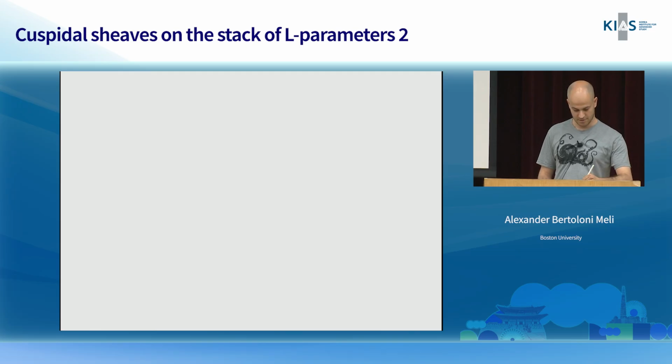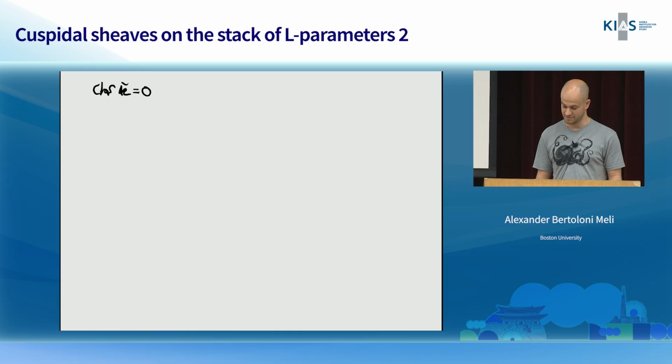So K bar, characteristic of K bar is 0. We're taking some algebraically closed field of characteristic 0, and we're working with G over K bar reductive.